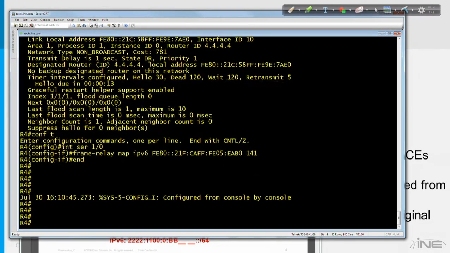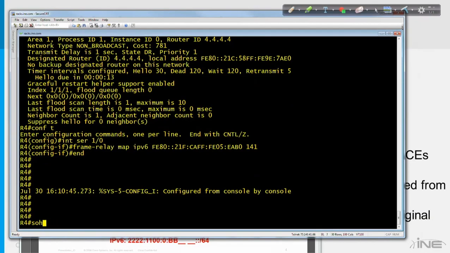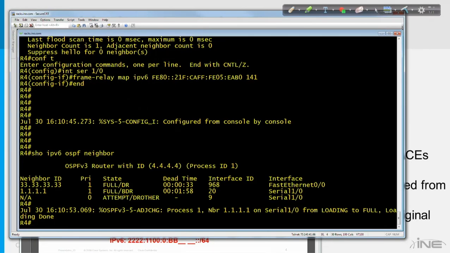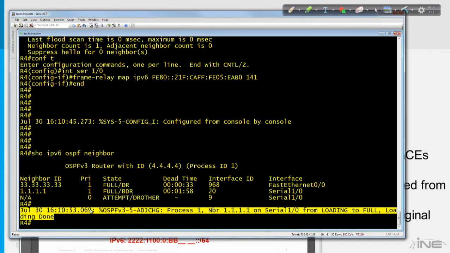Okay. Show IPv6 OSPF neighbor. Okay, well, I just brought up the neighbor to router 1. That's good. Still don't have a neighbor, though, getting to router 3.